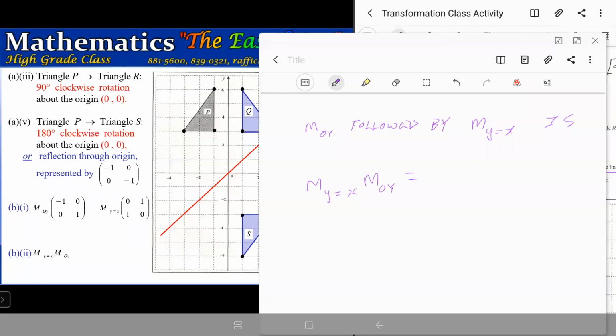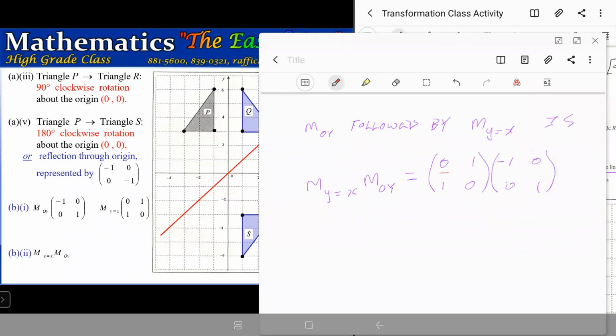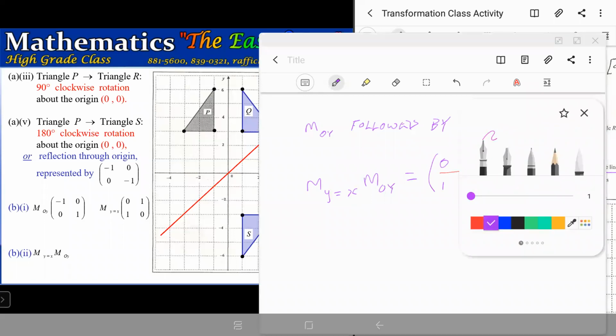They multiply them. The M y equals x is 0, 1, 1, 0. I multiply that by the y-axis reflection, which is -1, 0, 0, 1. I multiply them in the normal way, rows by columns. I know what the answer is going to be, but you can still work it out and prove it.